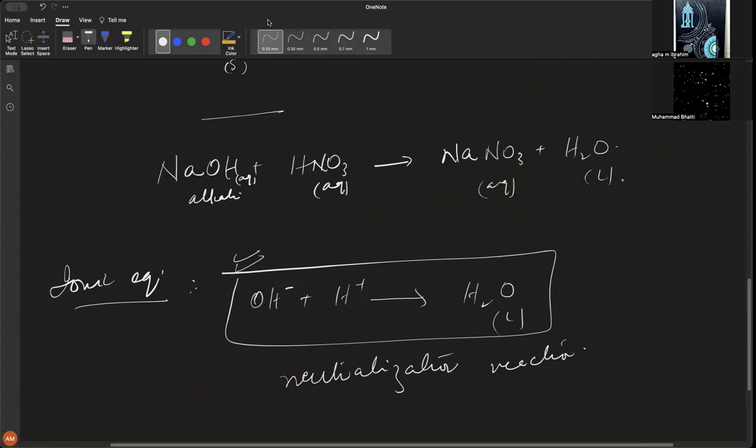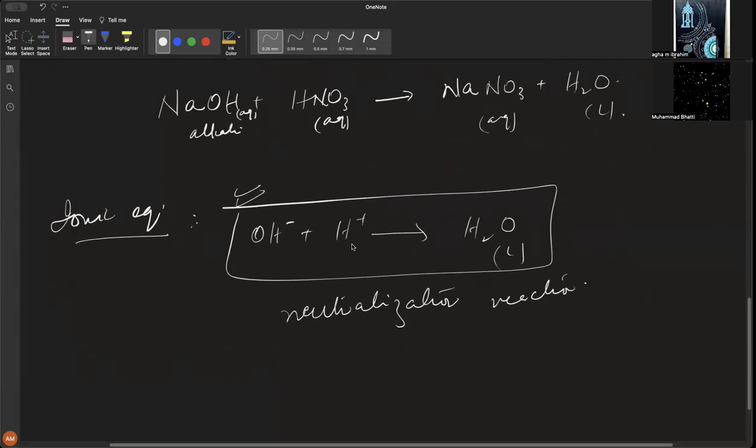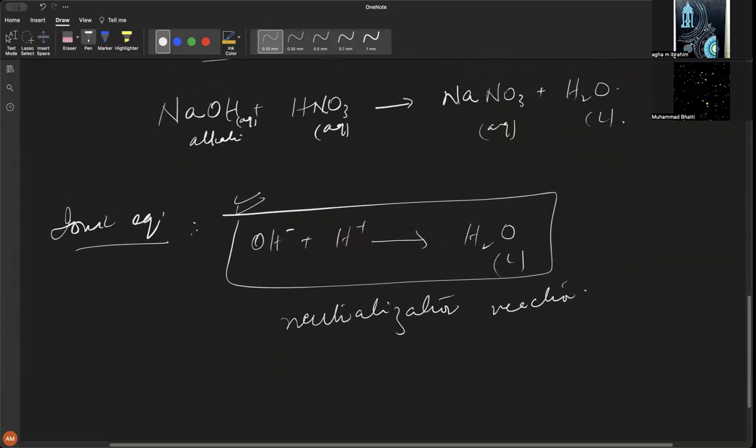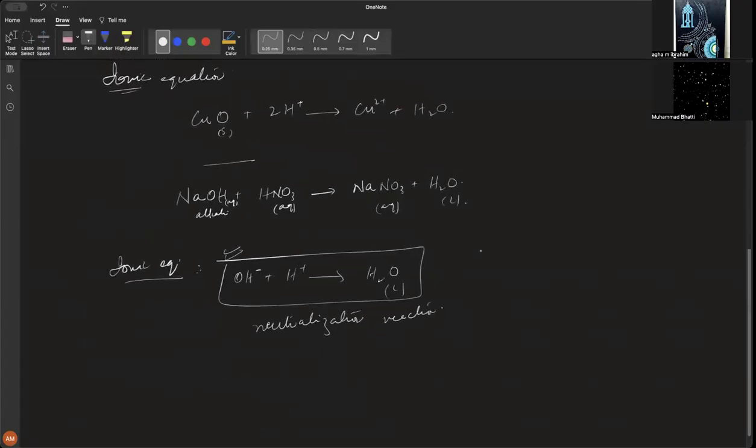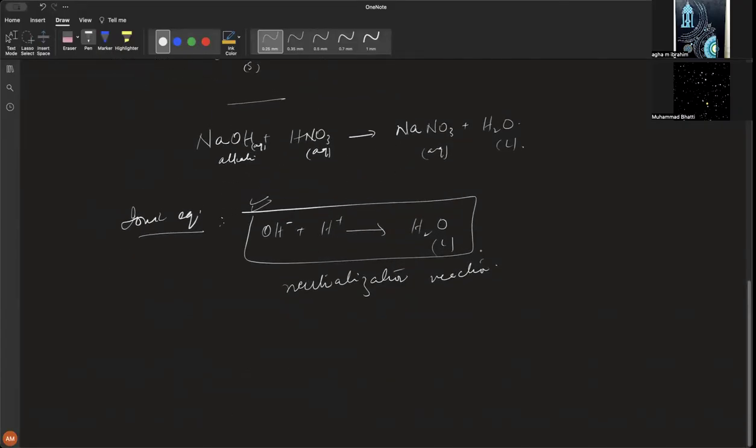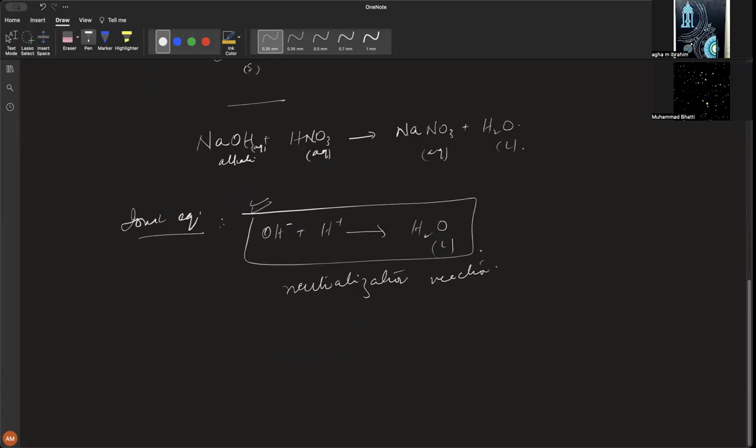This ionic equation tells us whether it is a neutralization reaction or not. All right, let's move on.